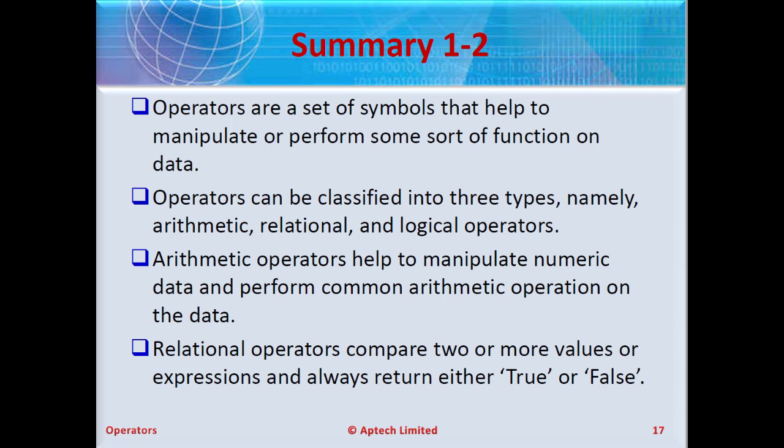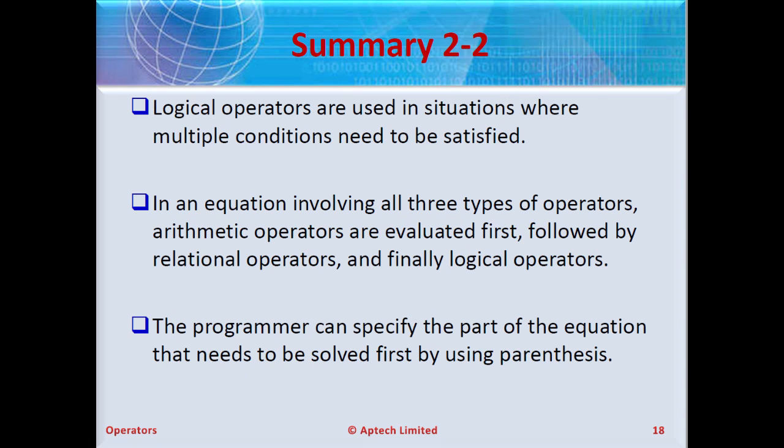Relational operators compare two or more values or expressions and always return either true or false. Logical operators are used in situations where multiple conditions need to be satisfied. In an equation involving all three types of operators, arithmetic operators are evaluated first, followed by relational operators, and finally logical operators.